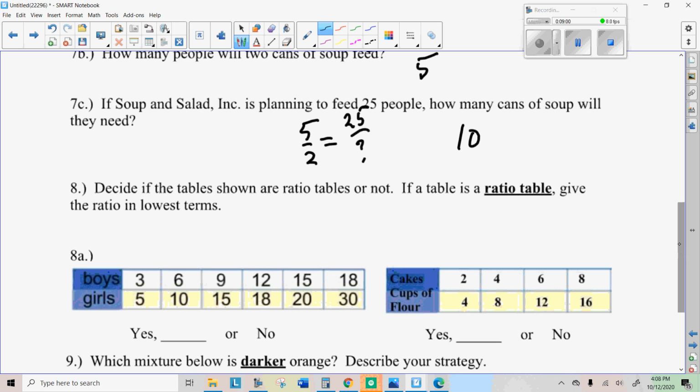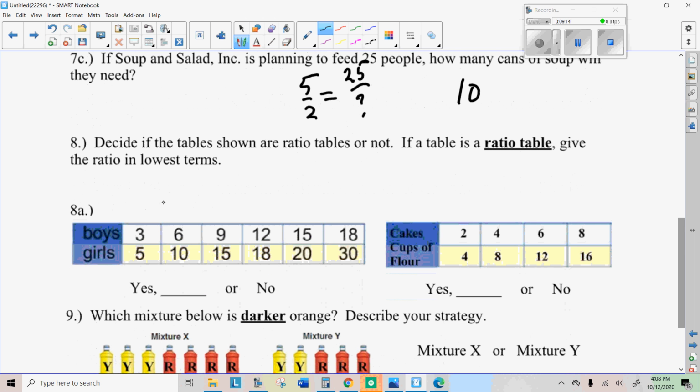Okay, now if it's a ratio table, that means that all the fractions in the table, when you simplify them, you will get the same fraction. So, like this first one here, if I take 6/10, I'm going to divide both those by 2.